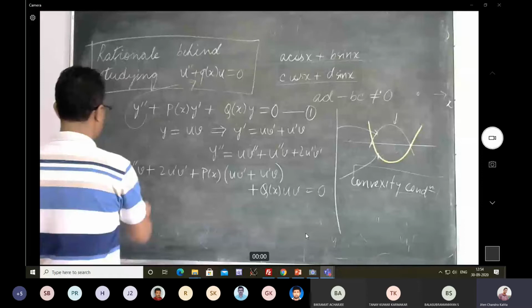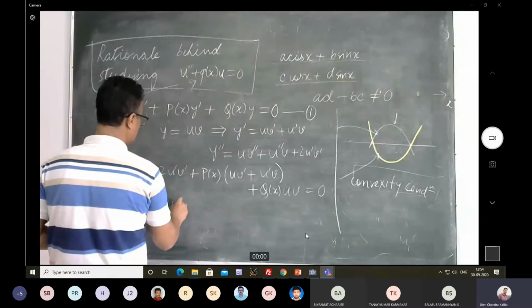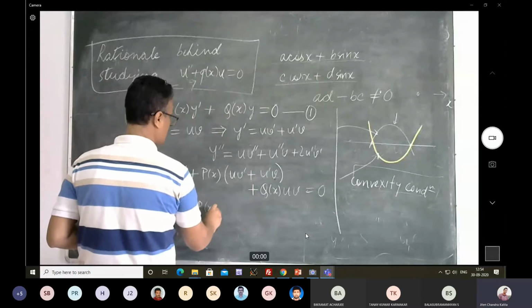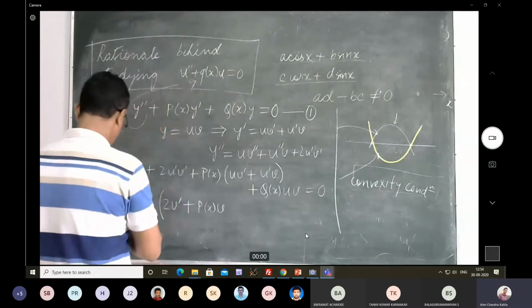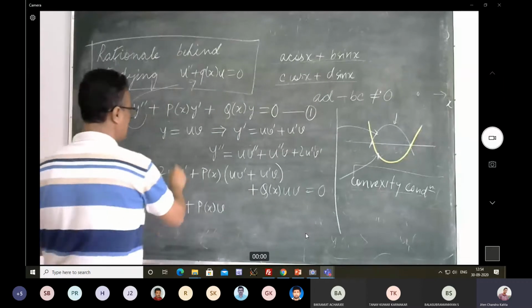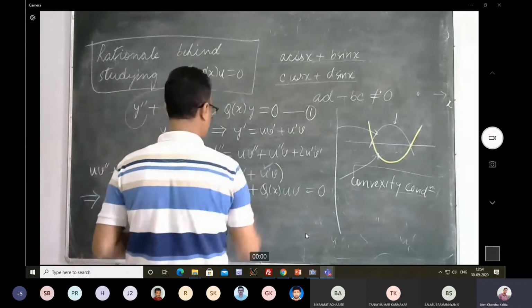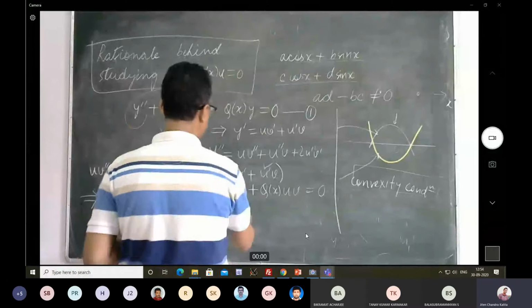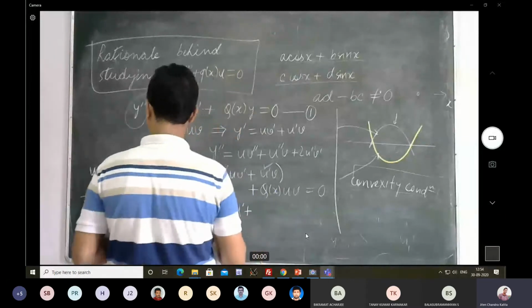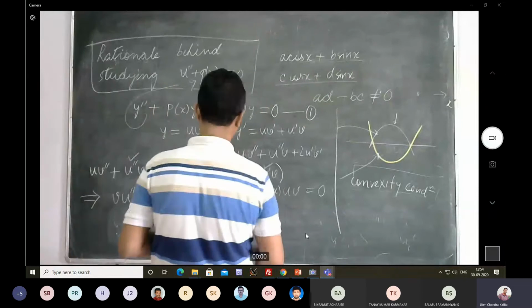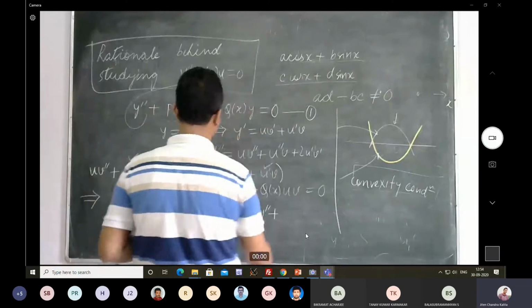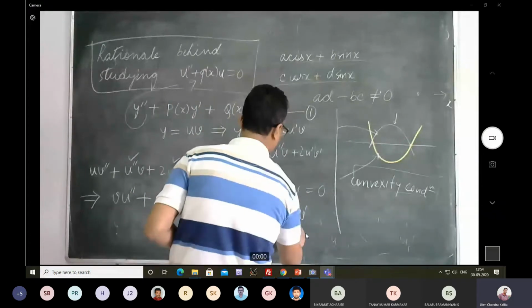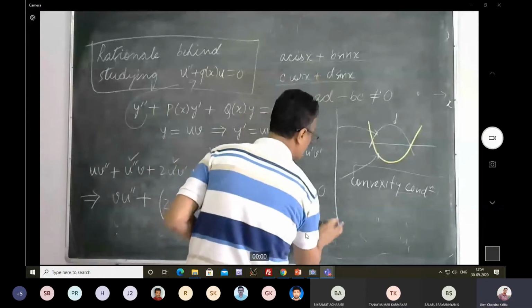I'm going to get 2v prime plus p(x) v, into u prime, and then I am left with the other 3 terms: v double prime plus p(x) v prime plus q(x) v, into u. This is equal to 0.